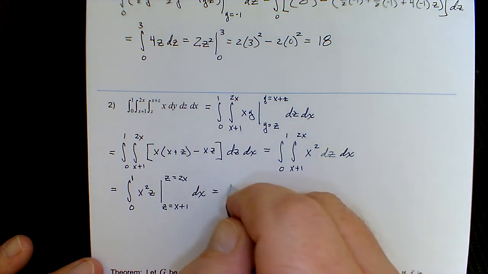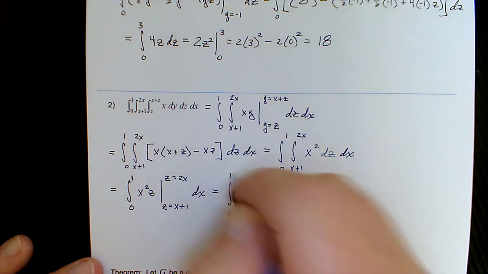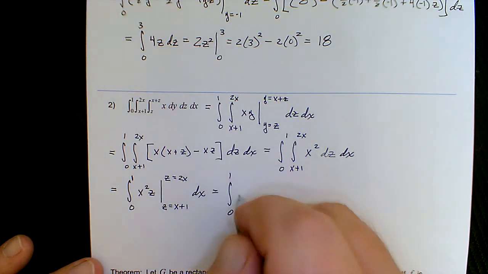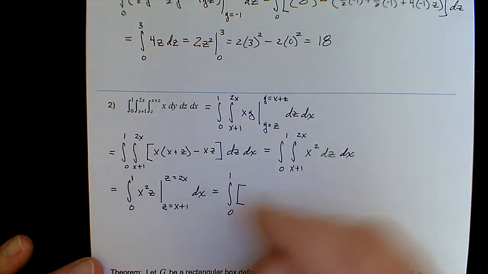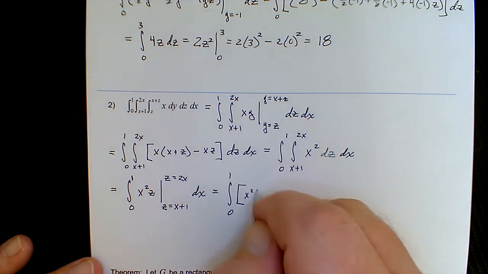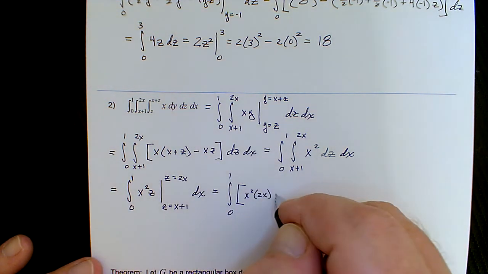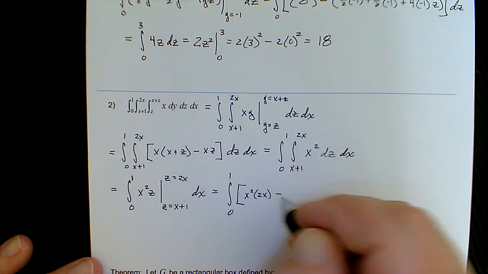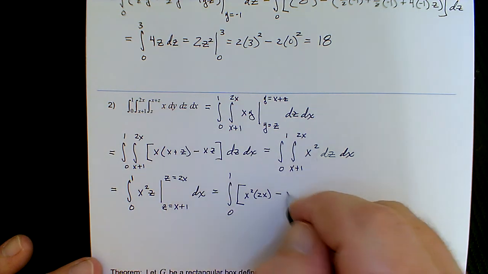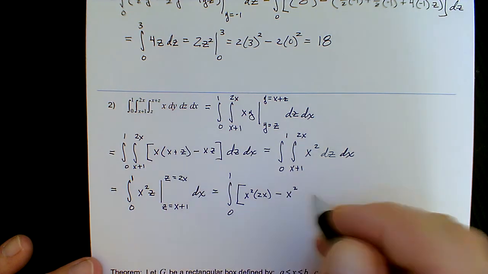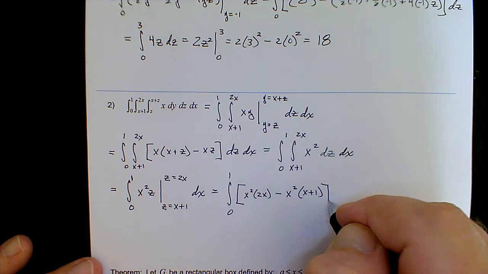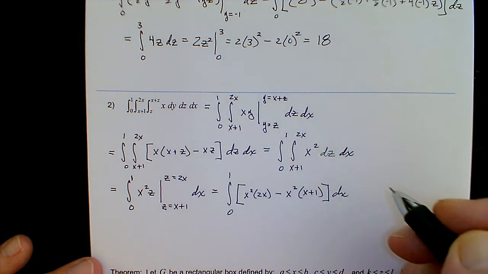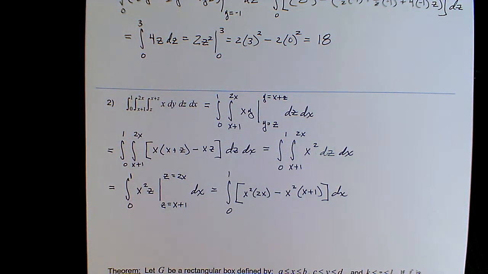And then our fundamental theorem of calculus, integral 0 to 1, okay, upper limit goes in, so we can use brackets now, z is 2x, so x squared times 2x, minus lower limit goes in, z is x plus 1, so x squared times x plus 1, all with respect to x.